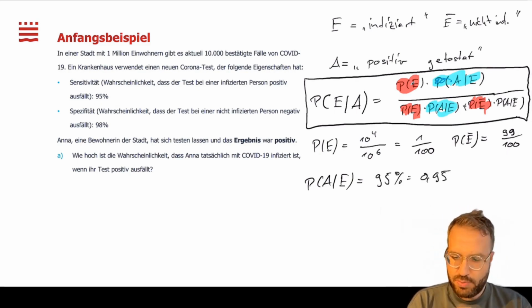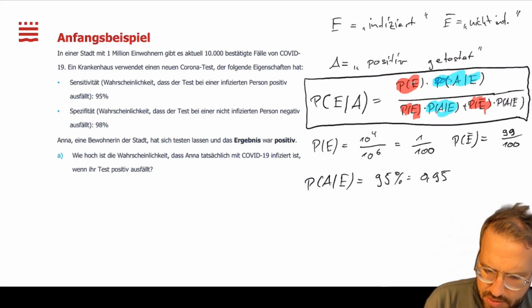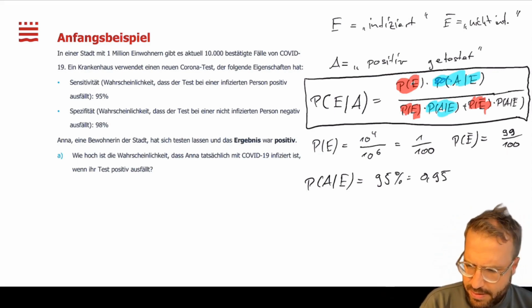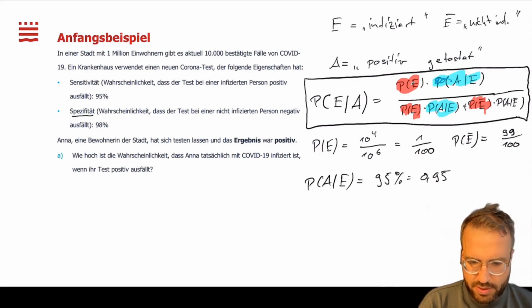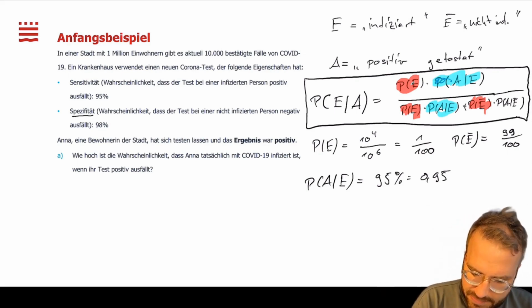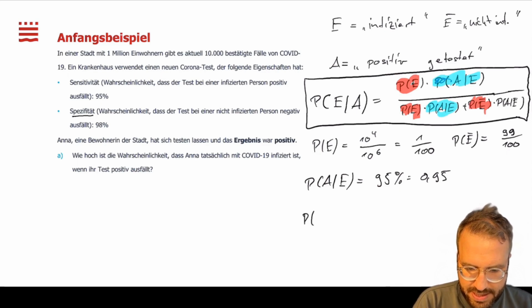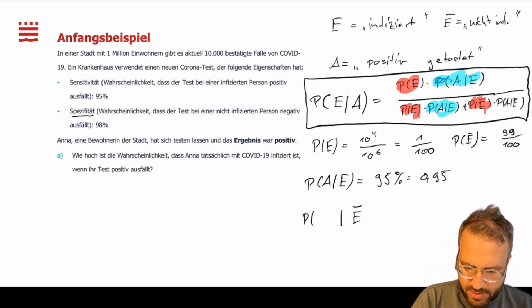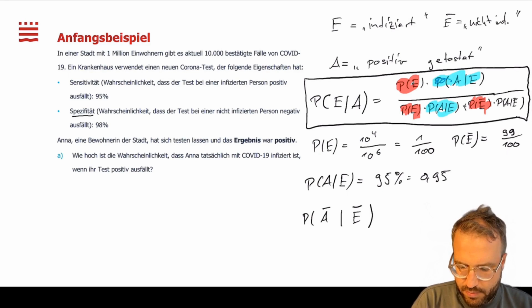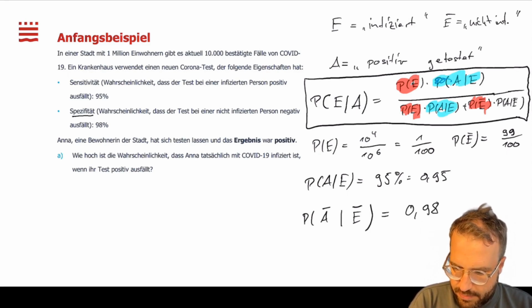So now we have one thing that we haven't used at all, namely the specificity. Yes, let's take another look at that. What is that again? The specificity means that the test will be negative for a not infected person. That is not E, which means not A, and that is 98%.